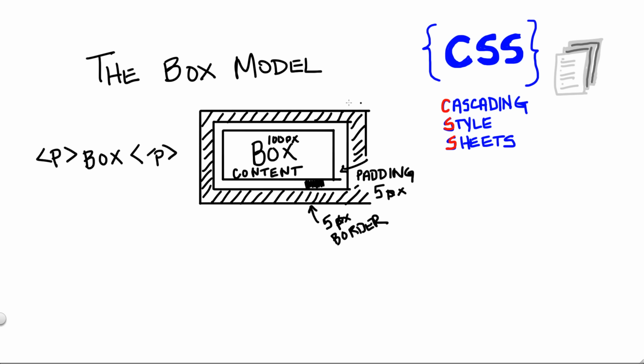So there's one more box around these 3 boxes to complete our box model, and that is margin. And margin is a lot like padding, except it's applied on the very outside of our box. So this is margin.